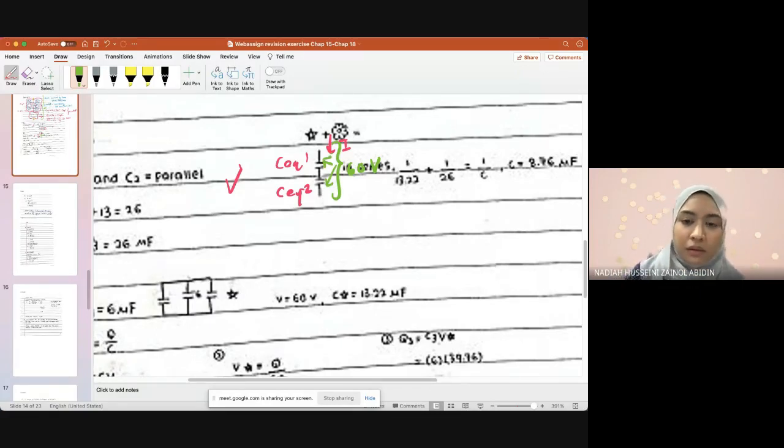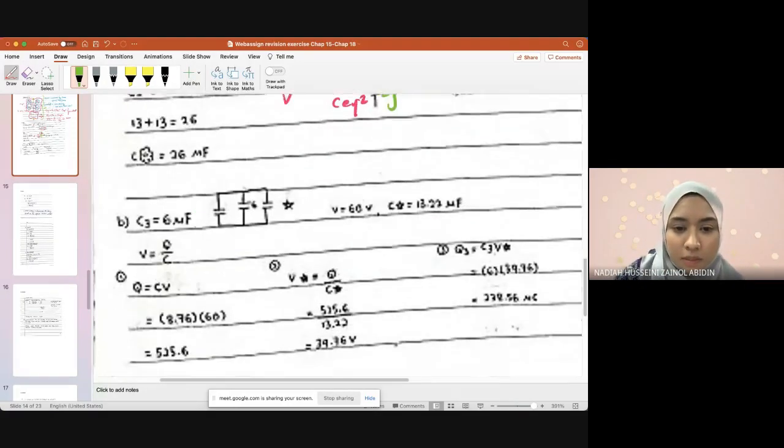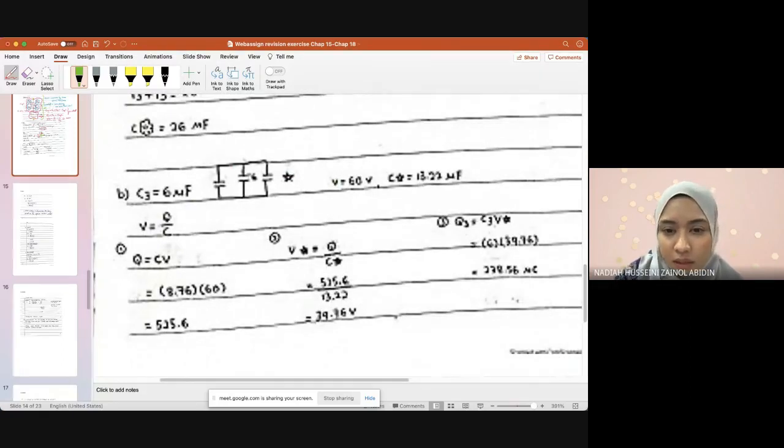Okay, so how did Azmina do it? Let's see. Azmina said V equals 60. C star is 13.22. C flower is 26. So using the equation V equals Q over C, or C equals Q over V, Q equals CV.